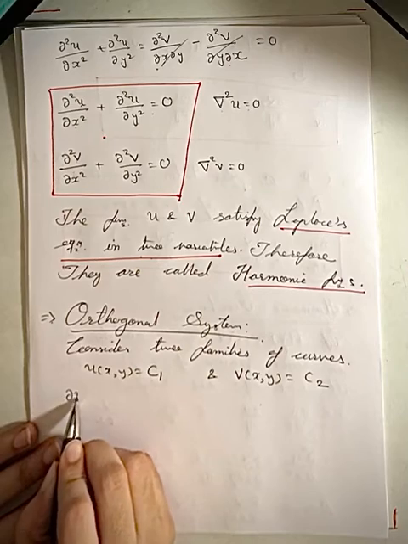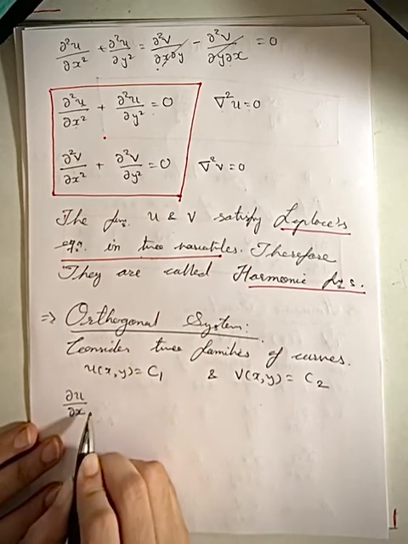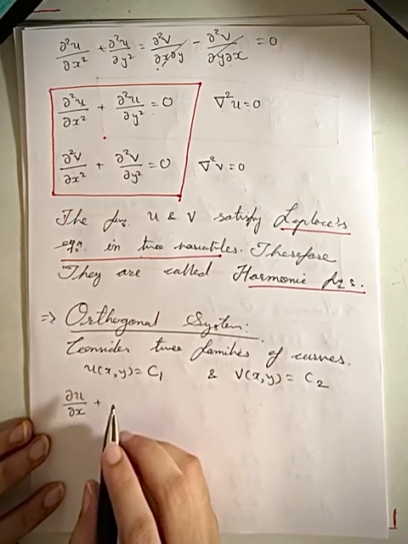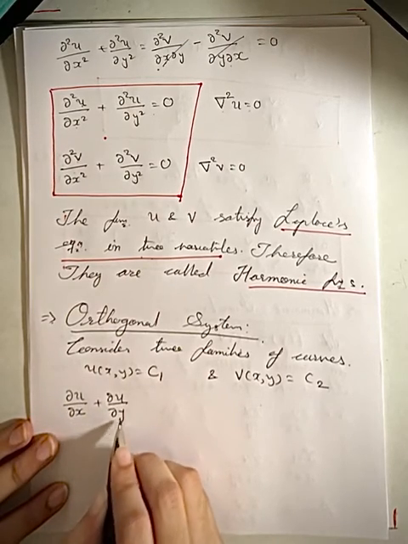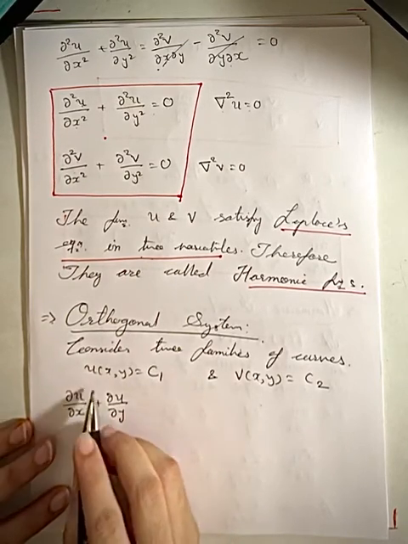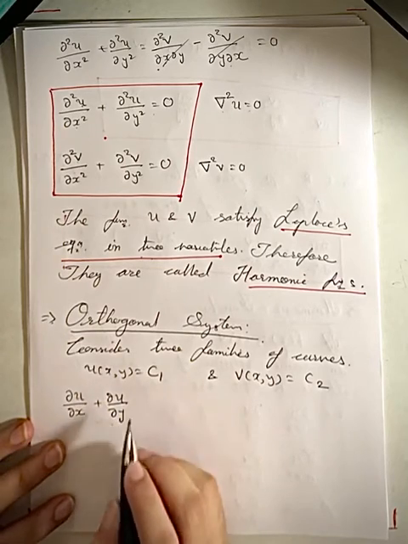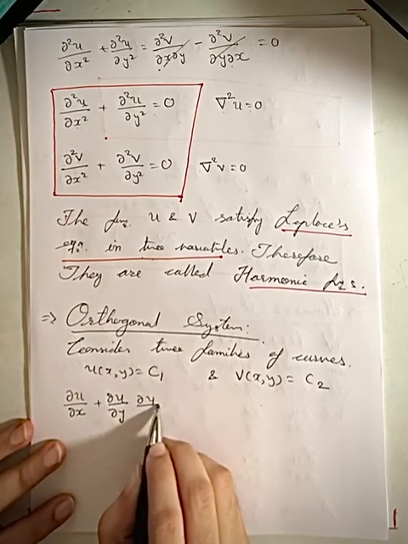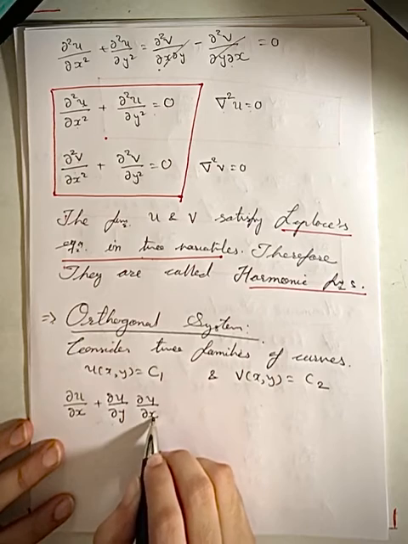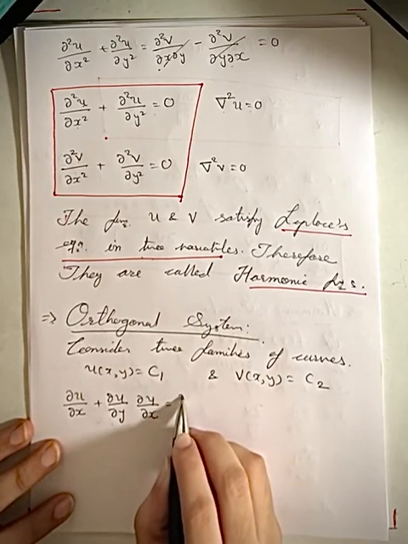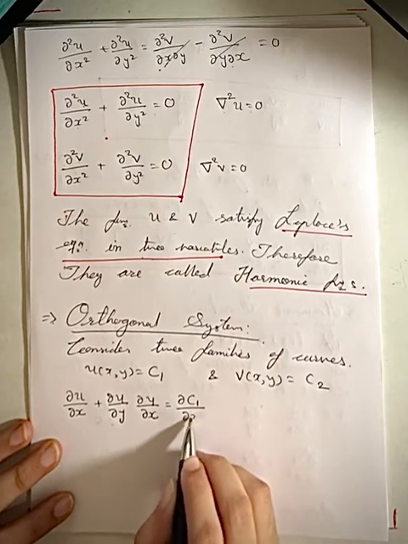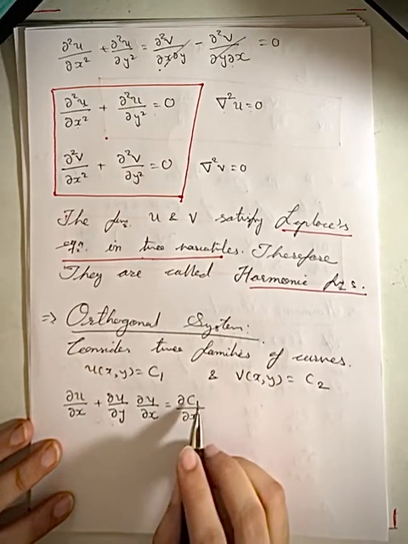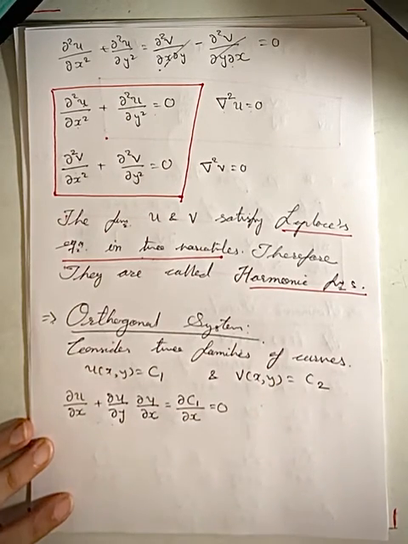Then we will have del u by del x plus del u by del y, but then we want to differentiate it with respect to x, therefore it will be del y by del x again, y with respect to x, and then that will be del c1 by del x. But since this c1 is constant, this will lead to 0.